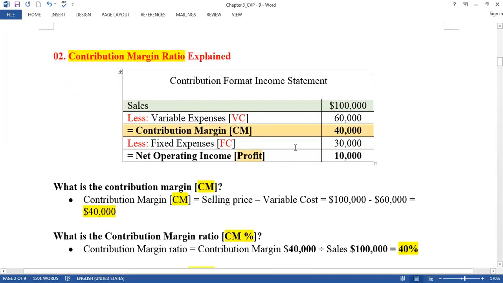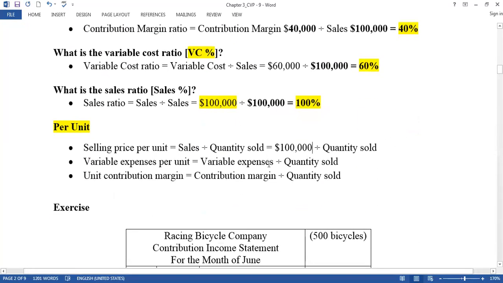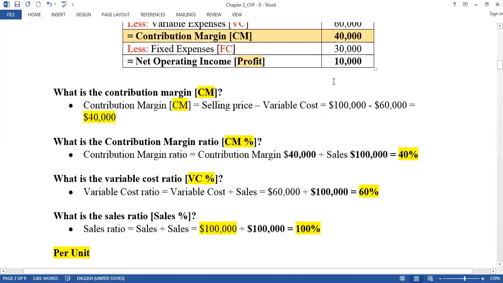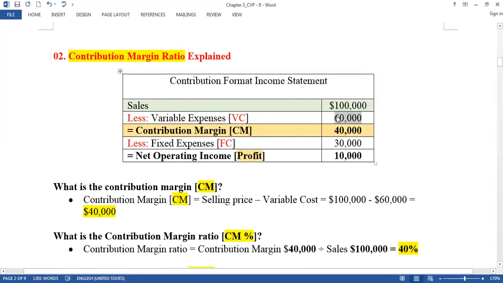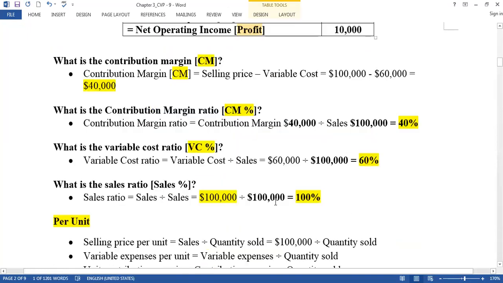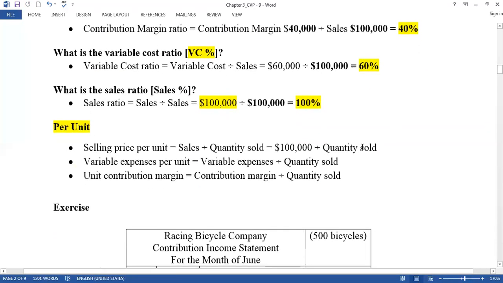This number is not given. Variable expense is given, $60,000.